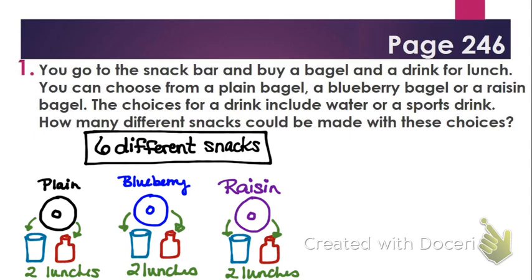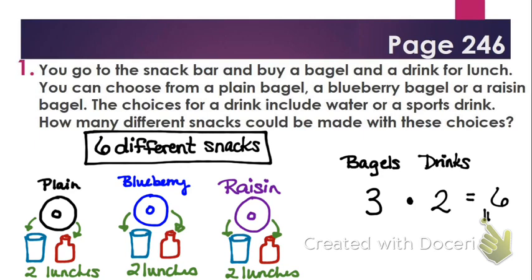Can you guys think of how we could have gotten to this 6 options a slightly faster way rather than drawing it out? By multiplying the amount of bagels by the amount of drinks. Yes. We can multiply the options for bagels, which is 3, times all of the choices for drinks, which was 2, and we get the 6 lunches here.